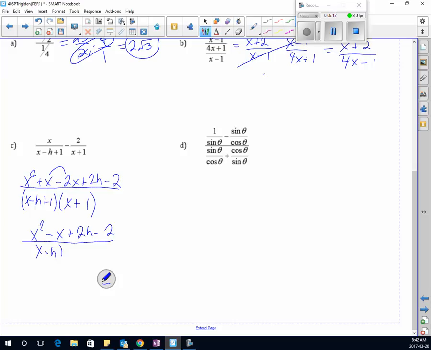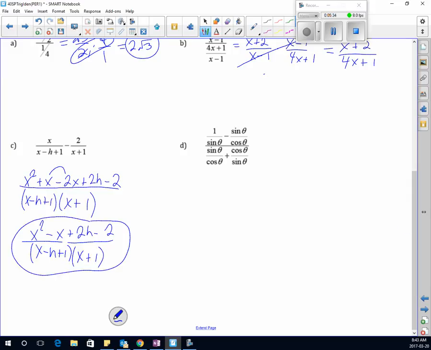Oh, I forgot my plus 1. What the heck is going on there? We'll try that again. X minus h plus 1 times x plus 1. There's my final answer. Oh, yeah. You guys don't remember this from grade 11? You didn't have to multiply that out.